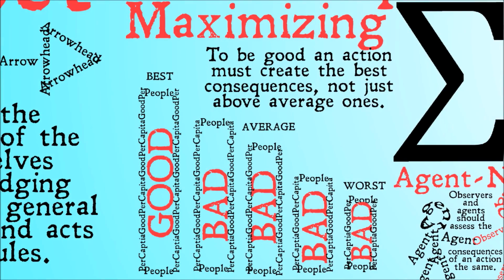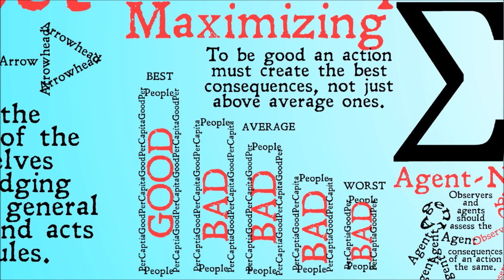There's also a distinction between maximizing consequentialism and improving consequentialism. Maximizing consequentialism says that to be good, an action must create the best possible consequences, not just above average possible consequences. So we see in this little diagram 5 different possible situations. We see the amount of good per capita in the people, and you see that there's, of these 5 choices, an average good that you might do, and the second choice is a little bit better than average.